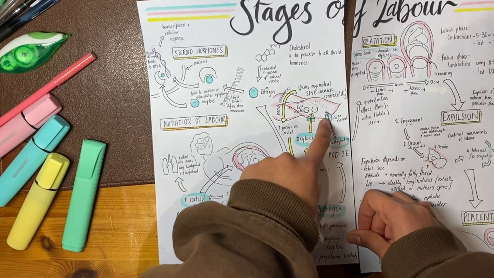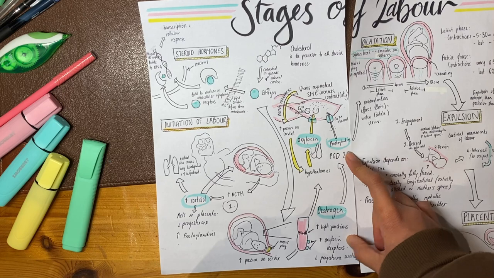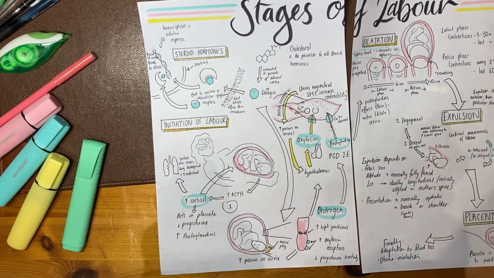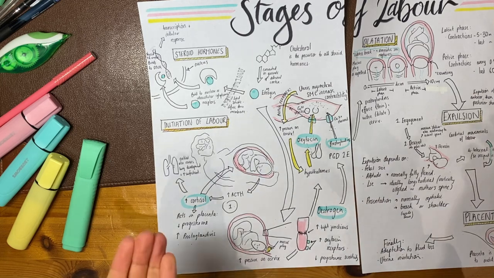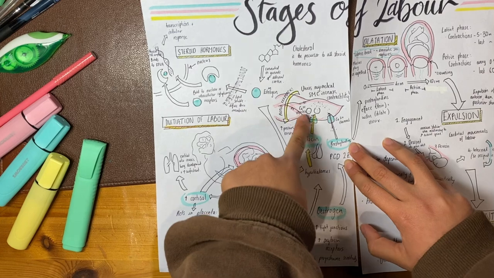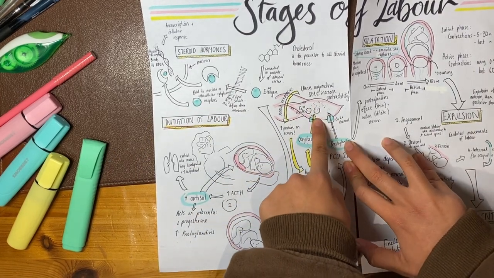And prostaglandins increase the activity of calcium channels. So now we have heaps of calcium going into the cells. And if we think back to our sarcomere, which is the subunit of the cell, it requires calcium to cause muscle cell contraction. So therefore, oxytocin and prostaglandins cause increased smooth muscle cell contractility.